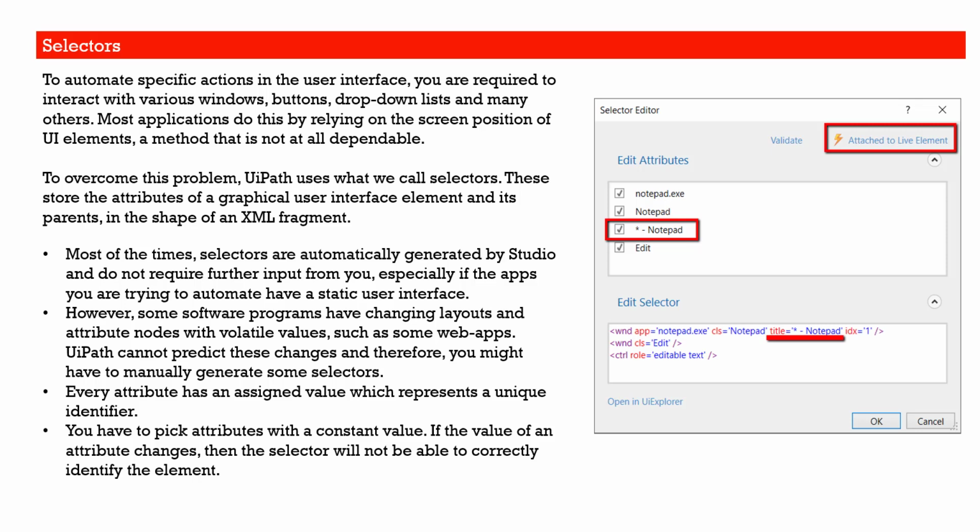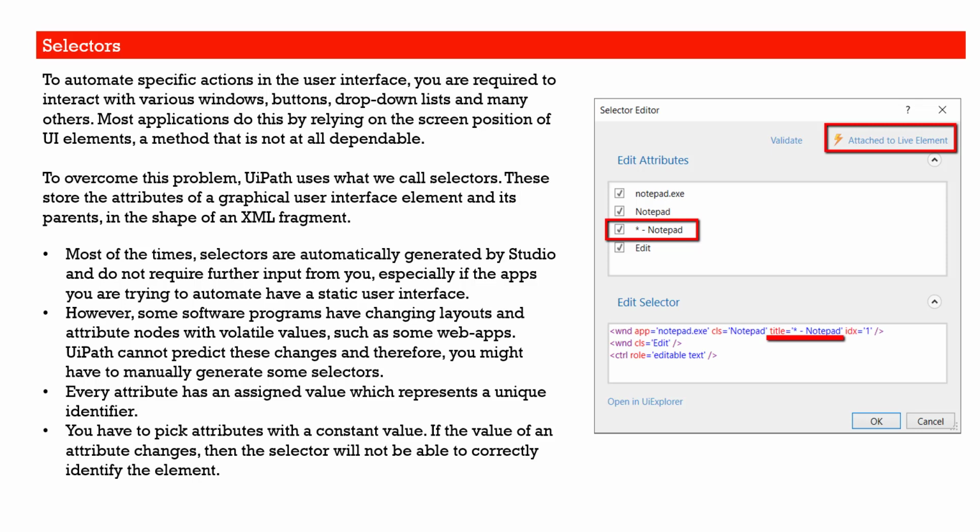And to automate specific actions in the user interface, you are required to interact with various windows, buttons, drop downs, lists, calendars, and many more. Most applications do this by relying on the screen position of UI elements, a method that is not at all dependable. To overcome this problem, UiPath uses a concept called selectors.